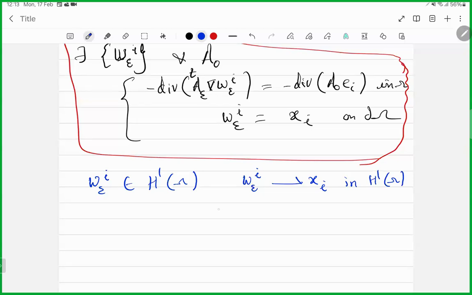And you also have, so these are properties which are just an outcome of whatever I have said here, that A epsilon transpose grad W epsilon I converges to A0 EI in L2.